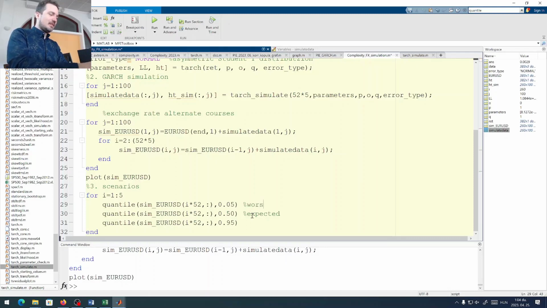So worst case and best case. Maybe worst case and best case are in the opposite direction, but we will see that.